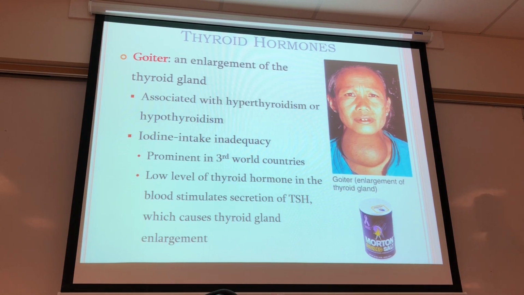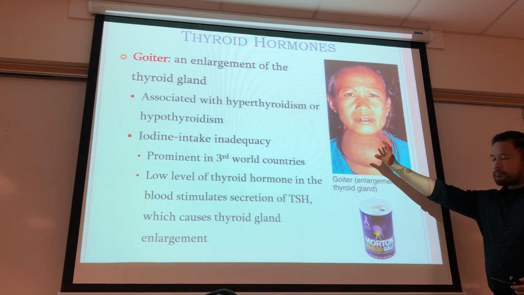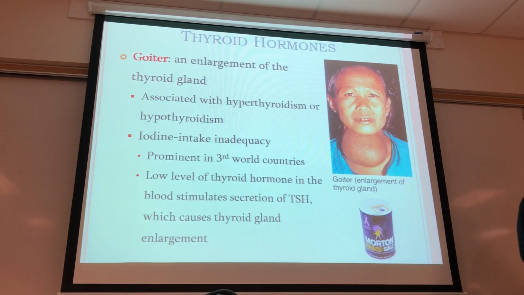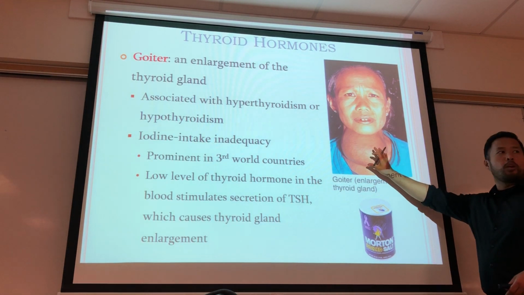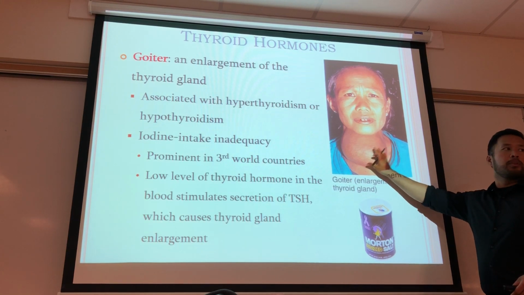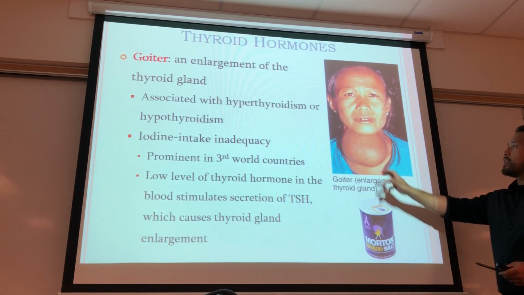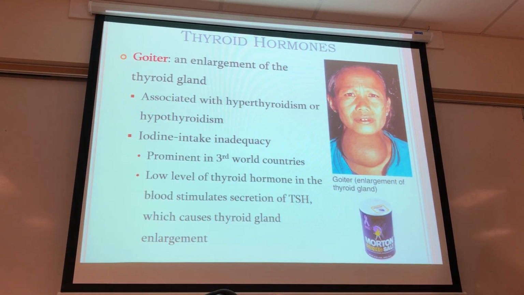Goiter, G-O-I-T-E-R. Anytime the thyroid is not working the way it should be, whether it's overly stimulated or constantly producing thyroid hormones, it is going to cause an enlargement of the thyroid gland.